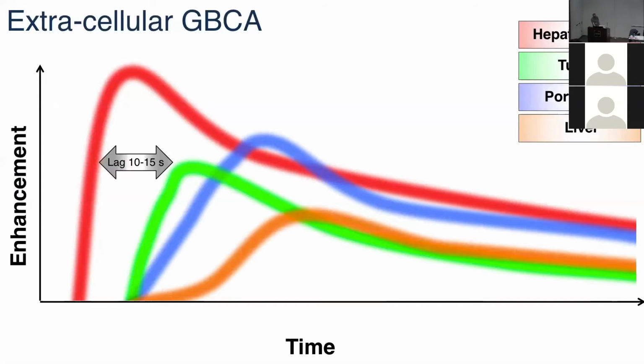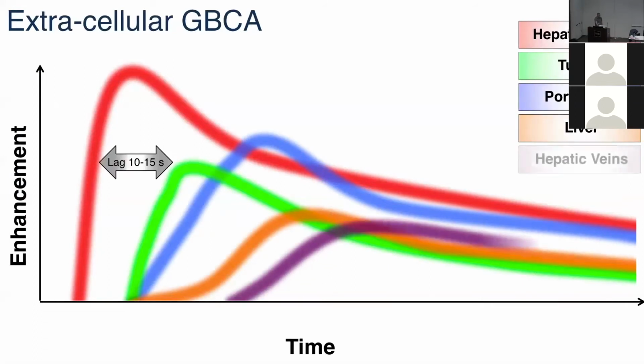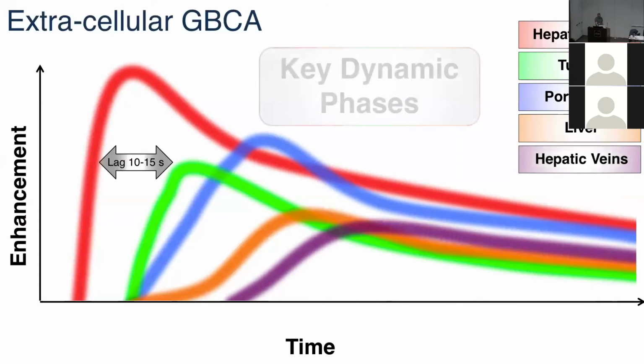So although there's some liver enhancement immediately with the hepatic artery, most of the liver enhancement doesn't really begin until we see contrast in the portal vein in blue. And then the hepatic veins drain from the sinusoids, so they enhance after the liver begins to enhance. So hepatic artery, tumor and portal vein begin simultaneously, then liver, then hepatic veins, that's the order.